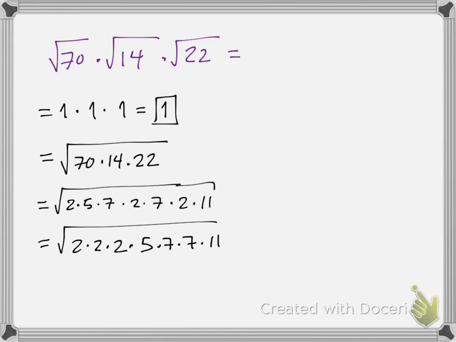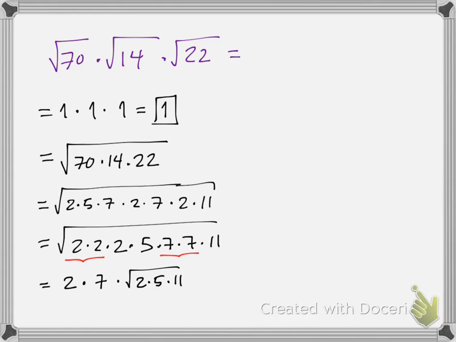So, let's simplify as we learned. One pair, another pair. We have 2 outside, one 7, just one 7, and inside we have 2 times 5 times 11.